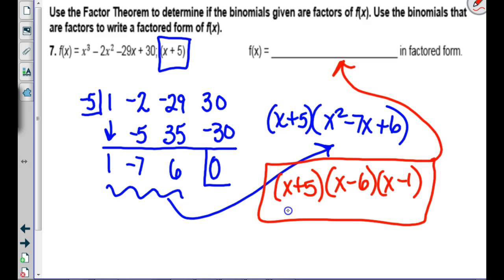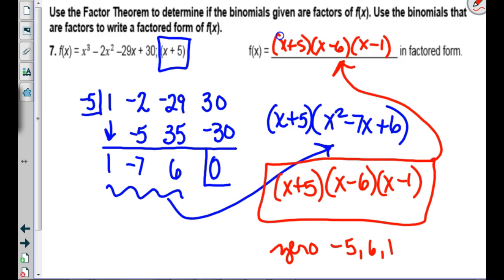And actually, we could now find all of the zeros, right? The zeros are at negative 5, 6, and 1. All right, but what they wanted up here was this answer. In any order, doesn't matter.